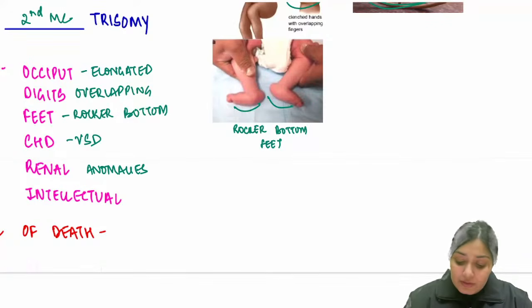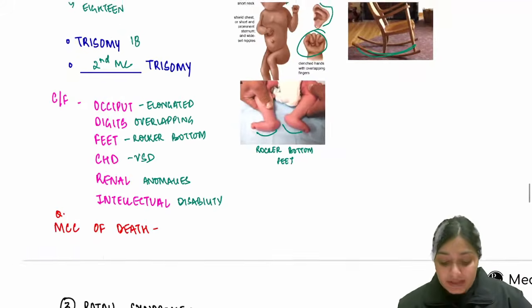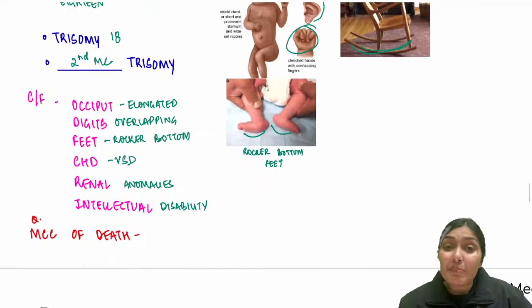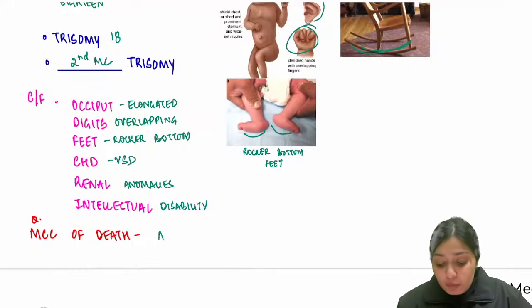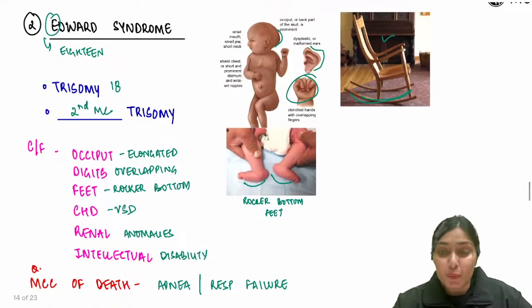And again, these children have intellectual disability. The most common cause of death in these patients is apnea, that is cessation of breathing, respiratory failure. So this was all about trisomy 18, Edward syndrome.